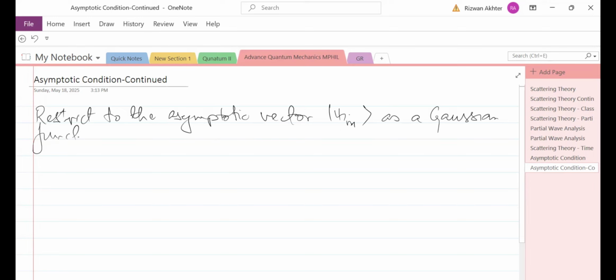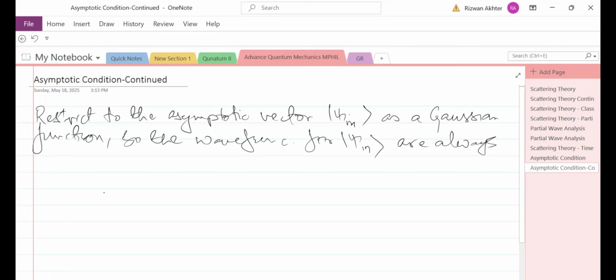The wave functions for psi in are always Gaussian.